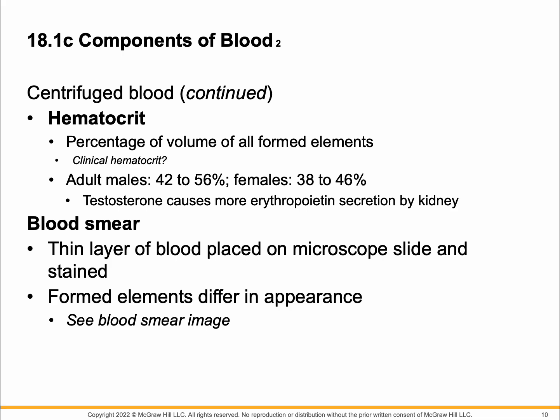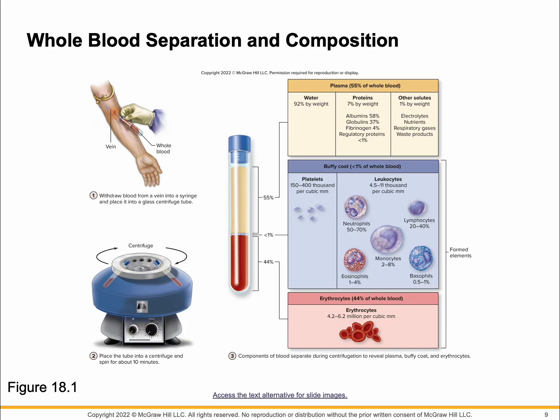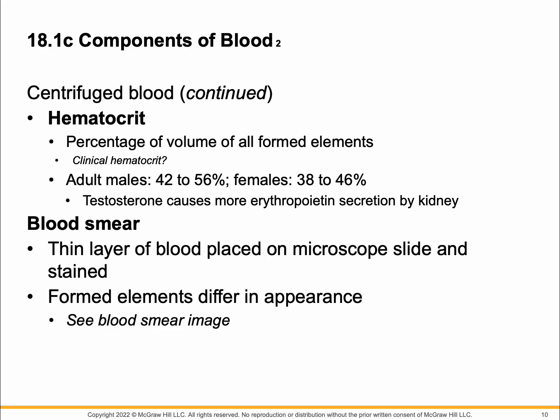Well, if we go back and talk about formed elements, erythrocytes, white blood cells, platelets, red blood cells make up the vast majority of all formed elements, 98, 99%, something like that. So when you're talking about hematocrit, the percentage of volume of all formed elements, you're really saying what percentage of the overall blood is made up of red blood cells. That's the clinical hematocrit if you hear that.